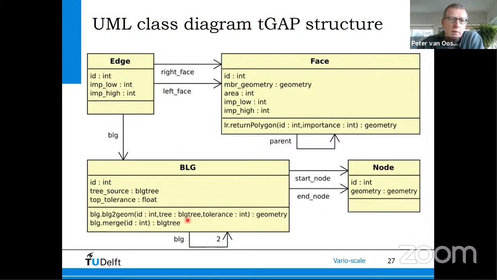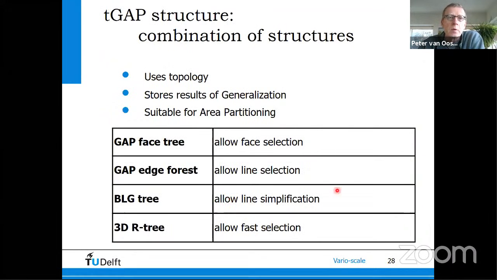And the edge forest, or the merging of two BLG trees into one, is this representation. Two BLG trees become one BLG tree. In the case that we have three children, we repeat this trick twice, so we still make it at the end a binary tree because it's easy to represent.